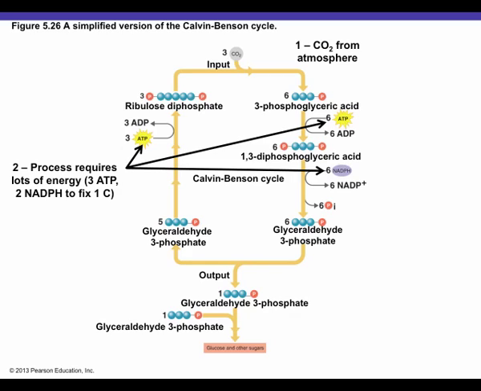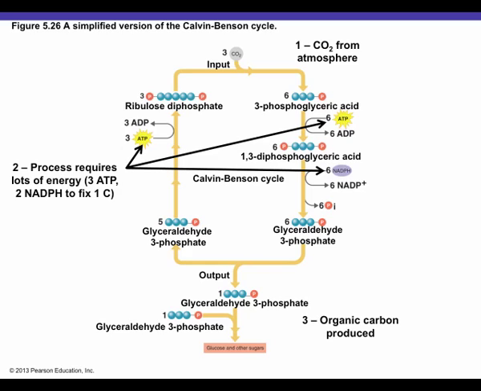3 ATP, 2 NADPH to fix a carbon. To make glucose, you need 18 ATP, 12 NADPH. So you need a lot of energy just to produce glucose. At the end of the day, we have glyceraldehyde 3-phosphate, which is organic carbon. That gets joined together to form glucose. So notice now, by the way, in this non-cyclic photophosphorylation and the Calvin-Benson cycle, we've made glucose.